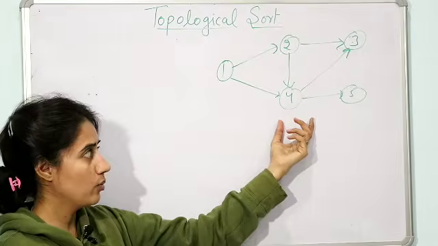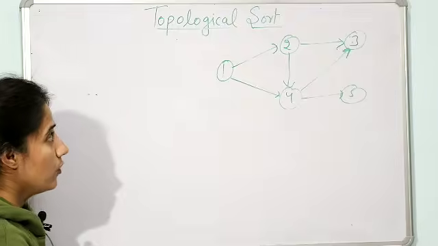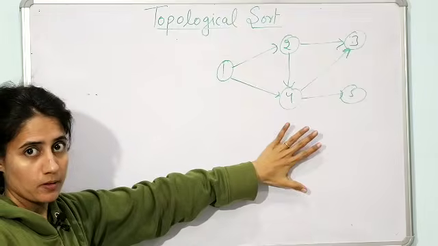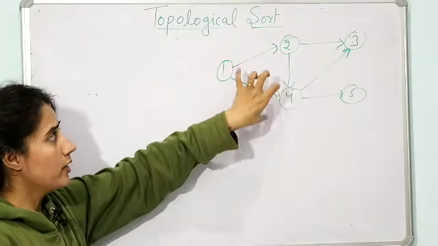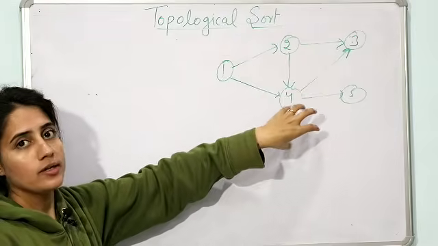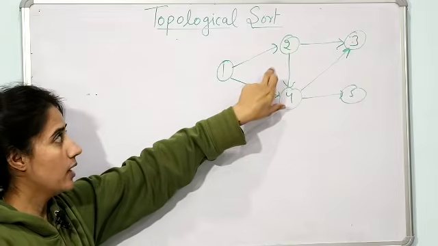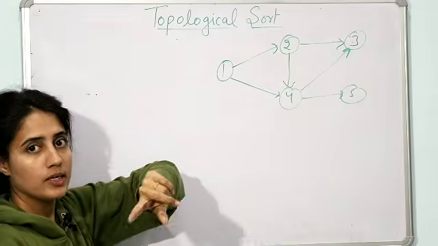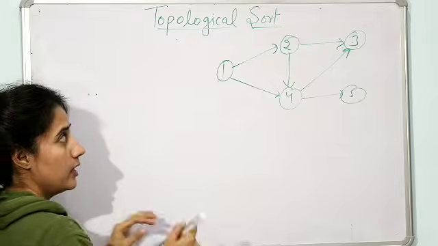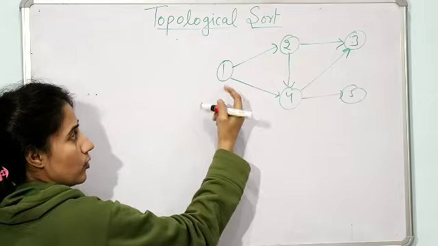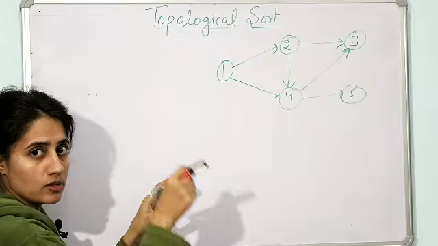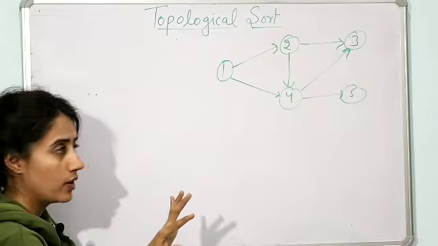Now, how to find out topological sorting? The very first step is to find out the in degree of each vertex. In the directed graph, we have the concept of in degree and out degree. In degree means the number of edges coming to that vertex, and out degree means the number of edges outgoing from that vertex.